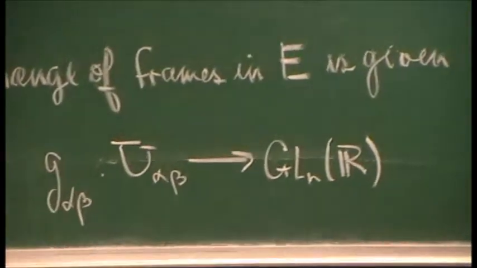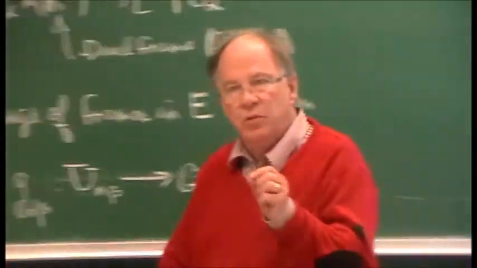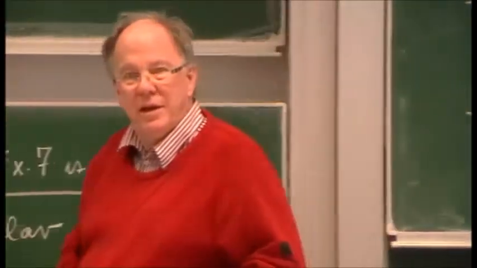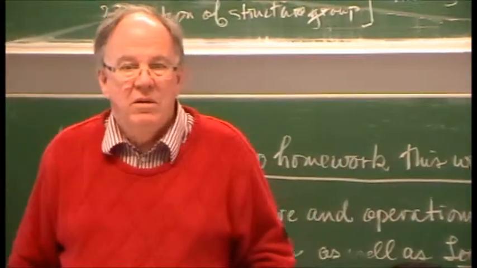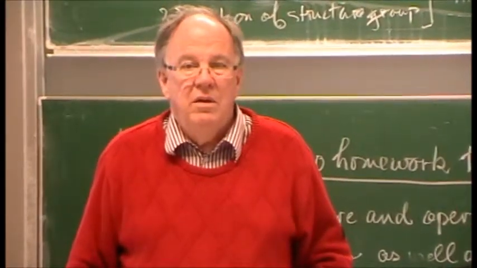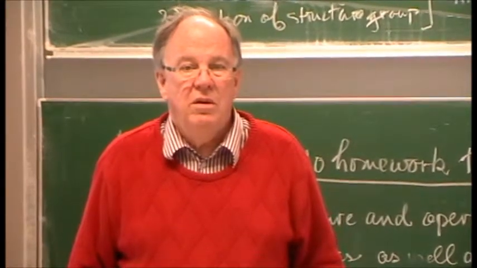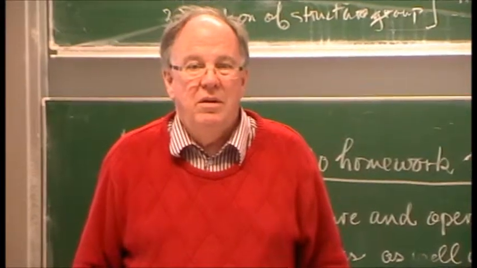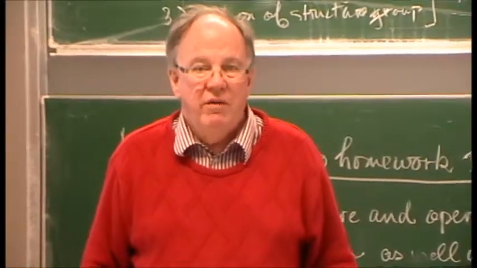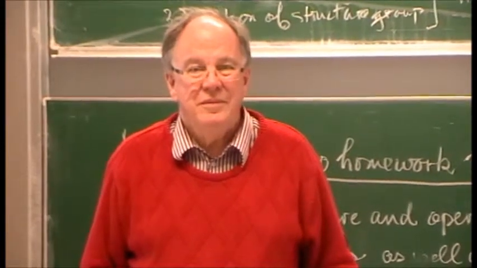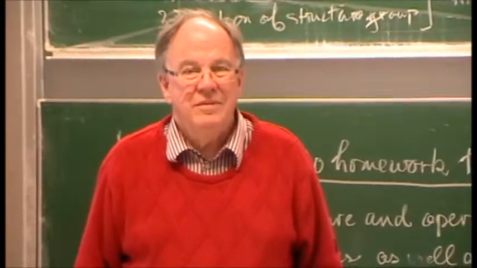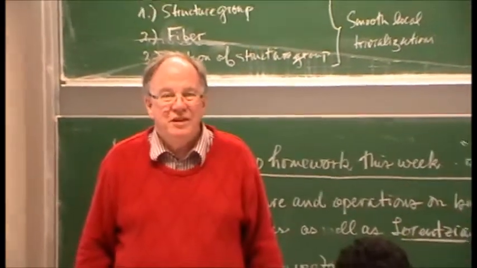Now, what was your point, Elisa? Some people were confused about the composition. They thought that when you multiply G alpha beta times G beta, it was not a multiplication of functions pointwise, but composition. Well, I mean, it's pointwise multiplication of matrices. Of matrices, exactly.